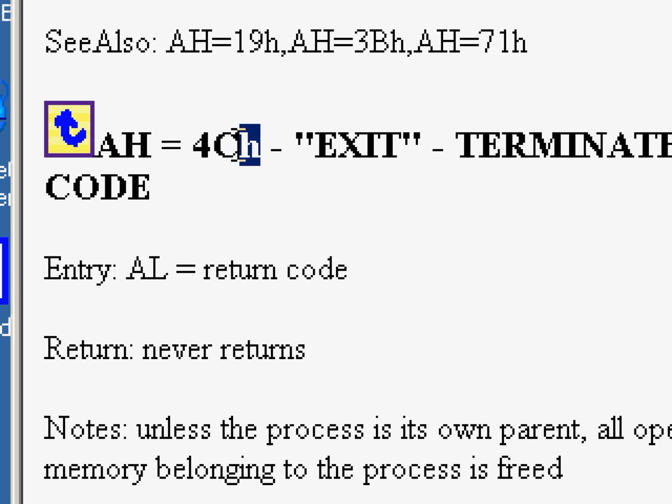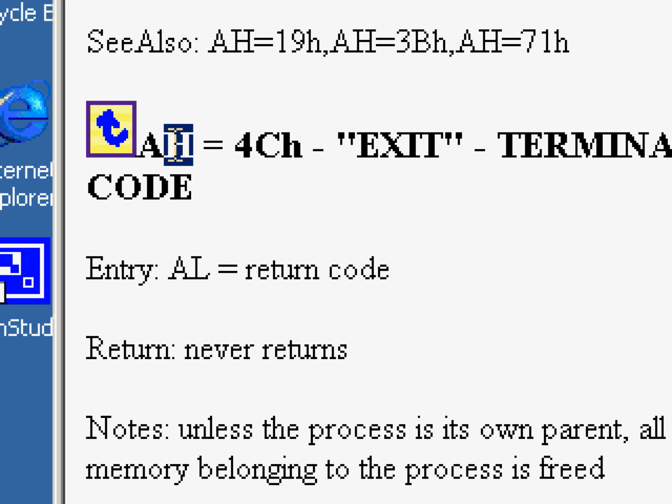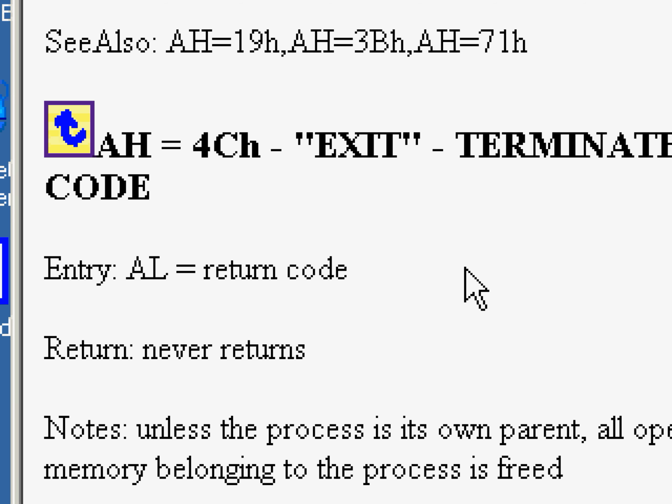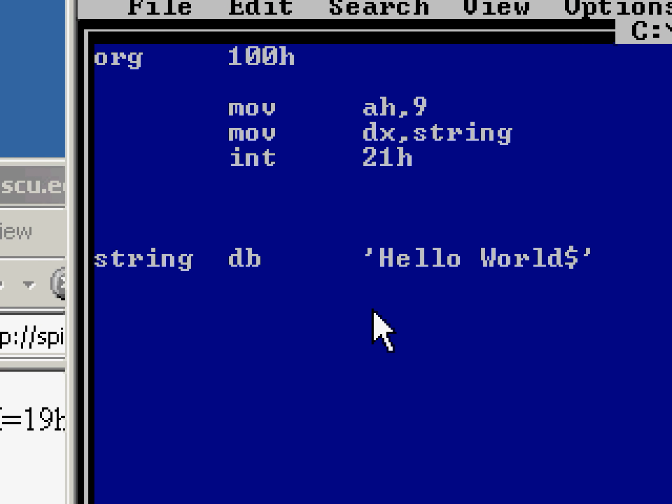And of course that just means AH is going to be equal to 4CH, and AL is going to be our return code, and we can define both of these halves of the register at once by typing mov AX, 4C00H.